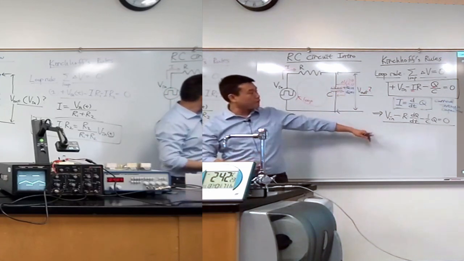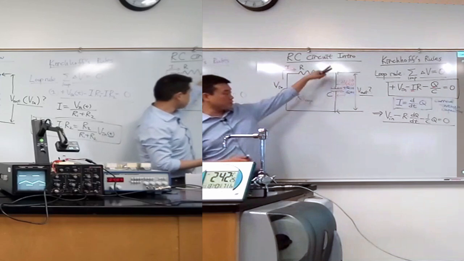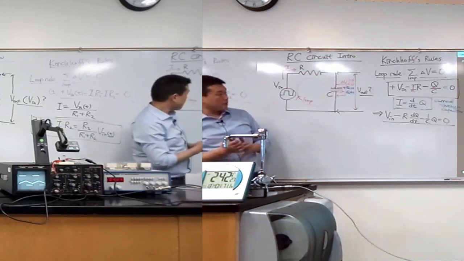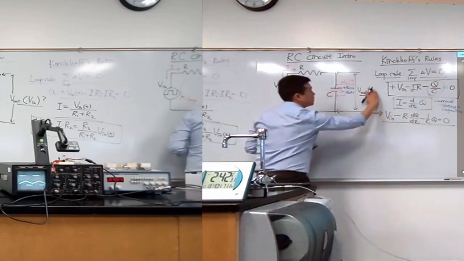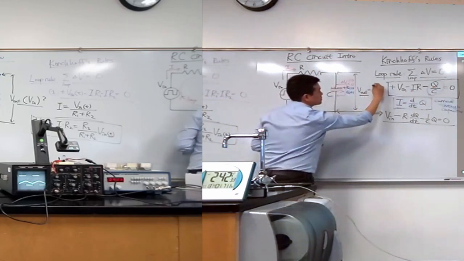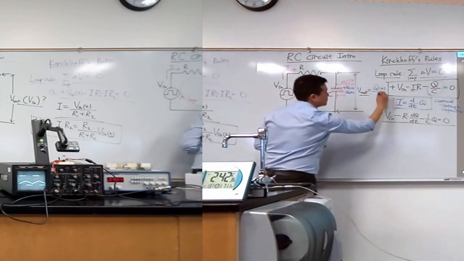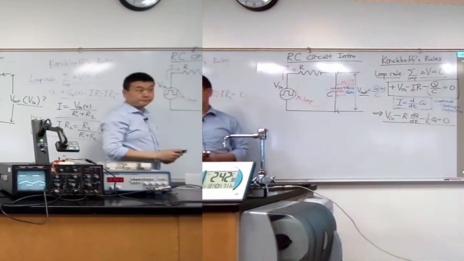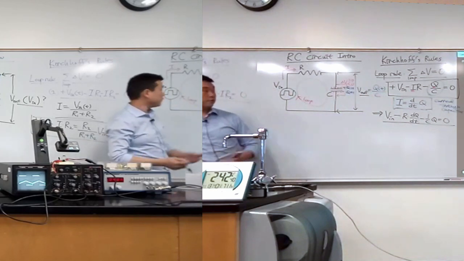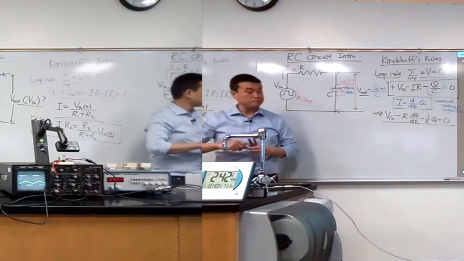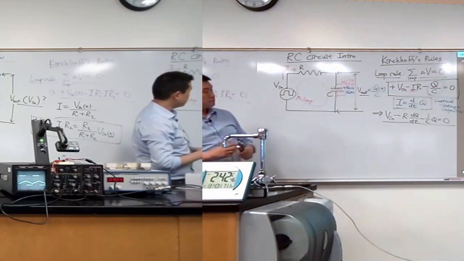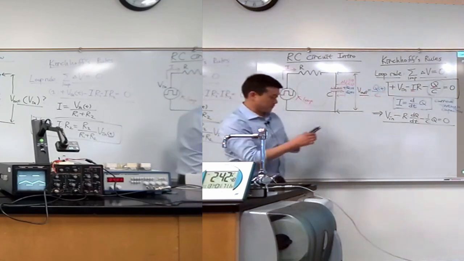So let me actually solve this for the voltage difference across the capacitor. You can actually get it from here. So V out should be the amount of charge on the capacitor divided by C. Right? So voltage across the capacitor is proportional to the amount of charge on the capacitor. Let me solve this for that.